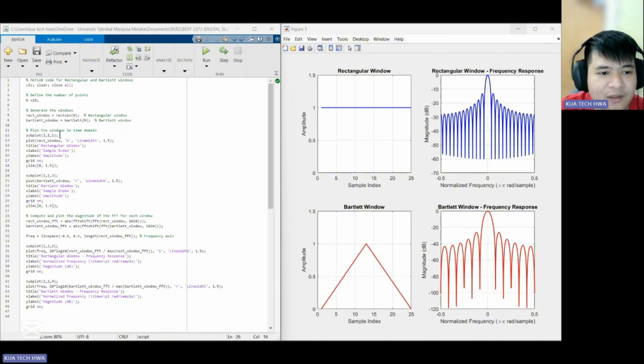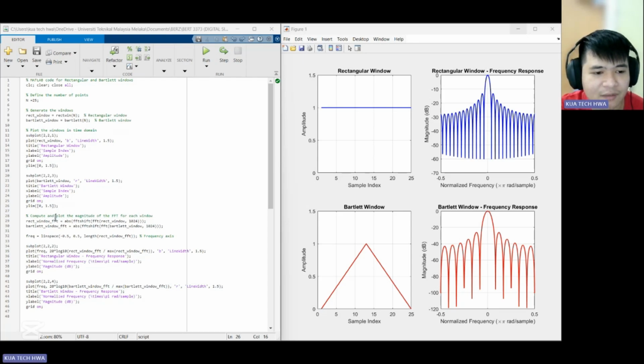After that, we plot them in the time domain using subplot and plot. This plots the rectangular window in blue color and the line width is 1.5. The second one is the Bartlett window, in red color, and the line width is 1.5 also.